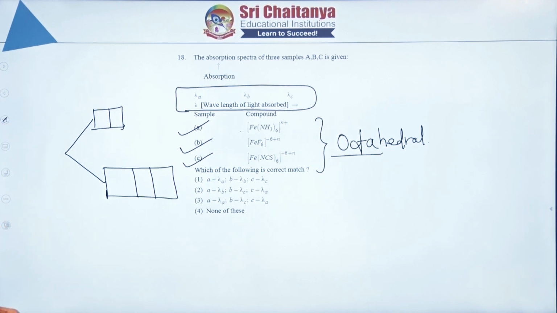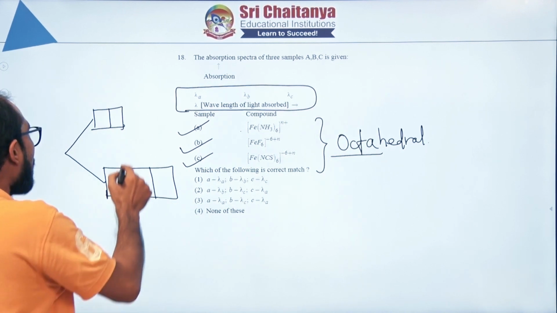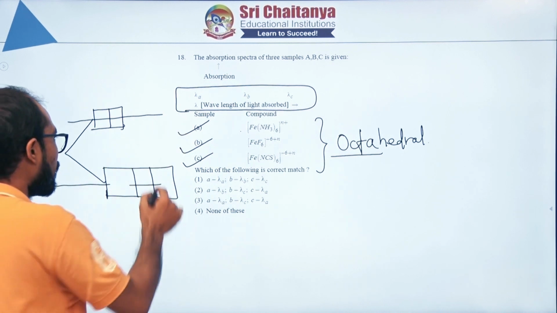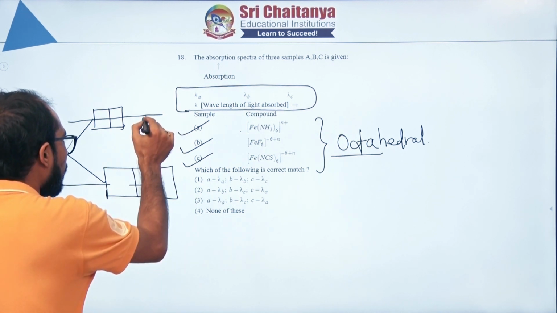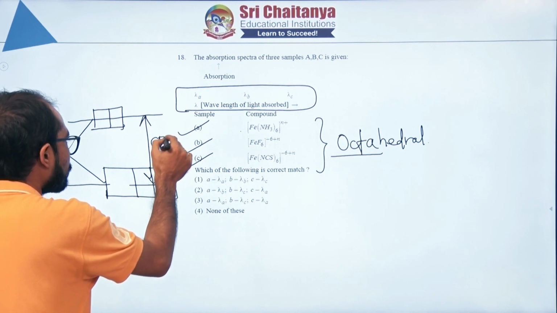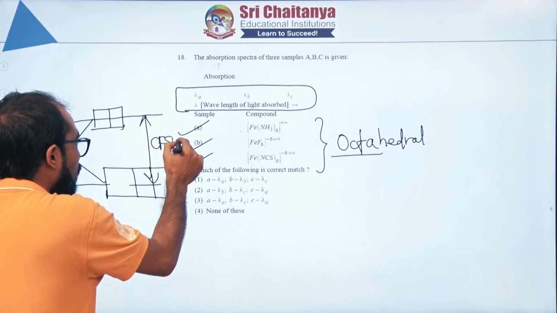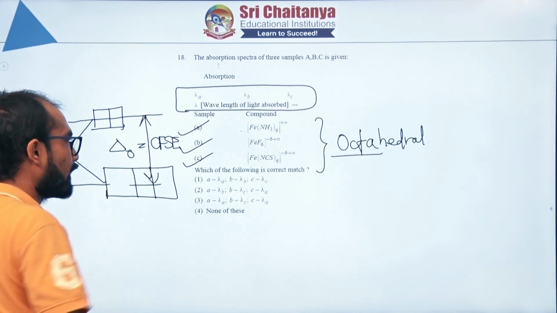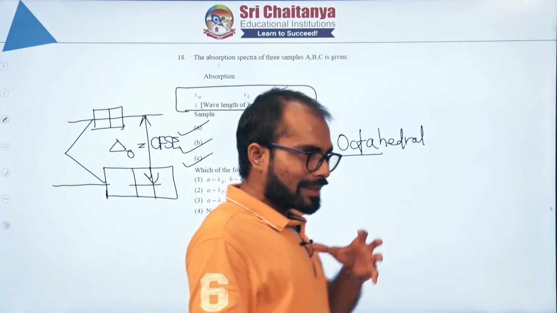Now, this gap between the split d orbitals is called CFSE, crystal field splitting energy, or we can sometimes also write it delta, and for an octahedral complex, we write it delta O.